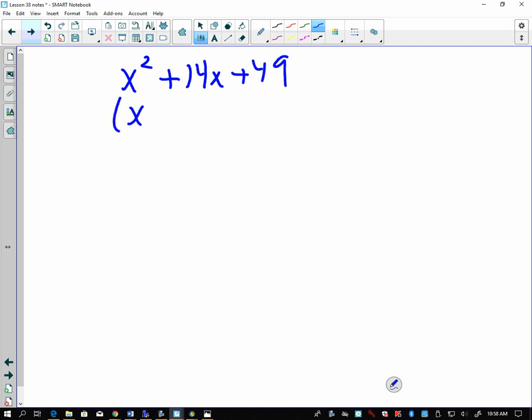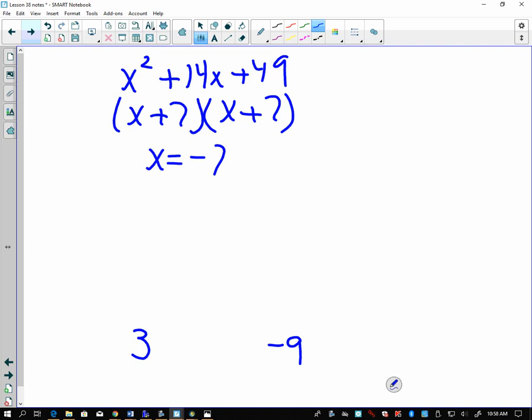And getting x plus 7 times x plus 7. And so my solution is x equals negative 7, right? Okay? What these do is they say, we know that our answers are, in this case, 3 and negative 9. Okay? That means x equals 3 and x equals negative 9.